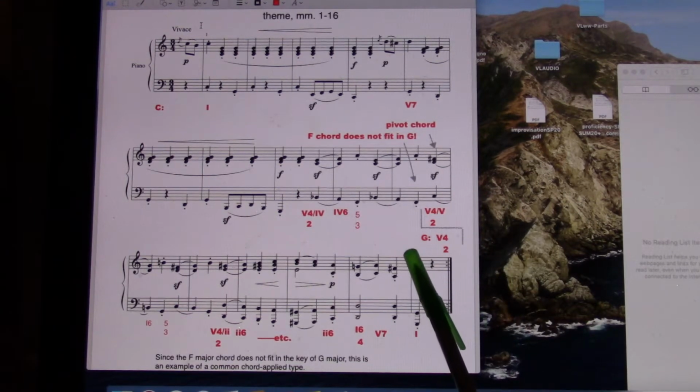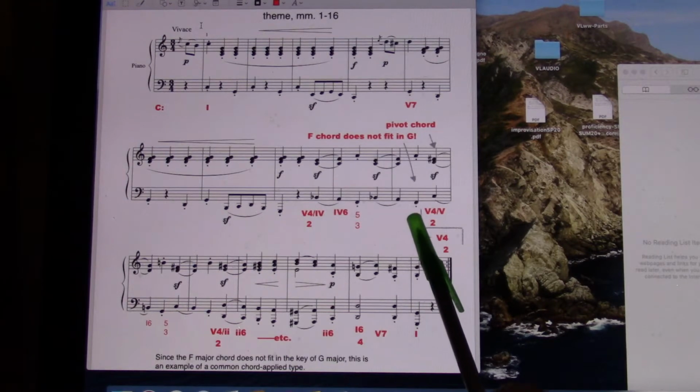But it's a modulation, so this serves as the pivot chord, and in the key of G, that is 5-4-2, and then we have it down here moving to 1-6. And then all the material after that is going to be analyzed in the key of G.